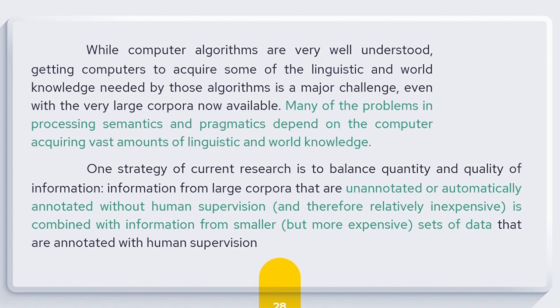However, inferencing isn't easy for the computer, and general knowledge of the world, such as the principle that push causes fall, is hard for a computer to learn from corpora.